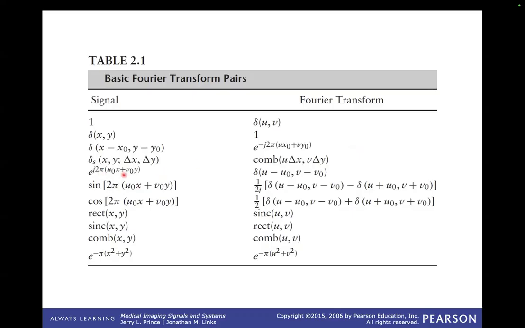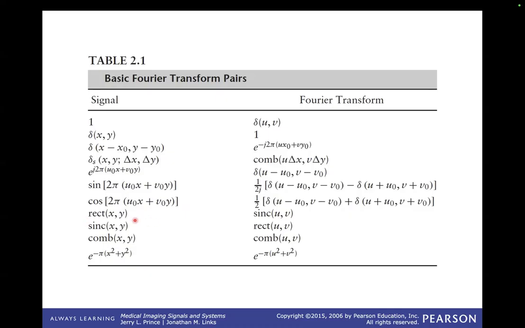This is just a complement of this, so we've done that. The Fourier transform of a sine plane wave is equal to delta functions at two points in the complex plane. Cosine is the same way, delta functions at two points in the complex plane, with the frequencies defining where those points are.